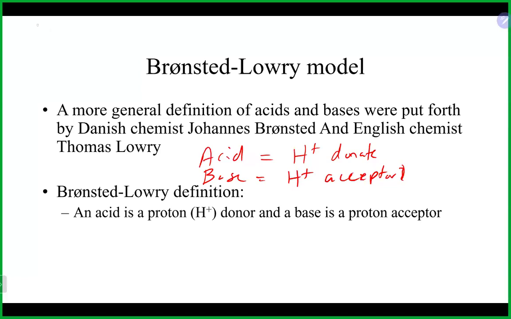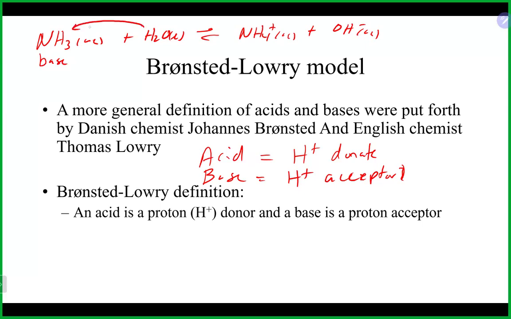So for example, if we look at the example I just wrote on there with the water, the NH3 is a base because it's going to accept the H plus here from the water. And that means the water here is acting as the acid in this sort of reaction.